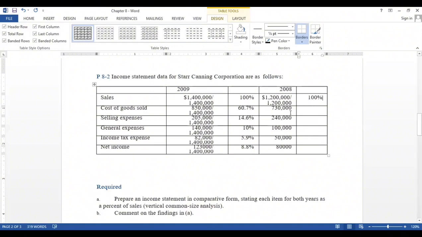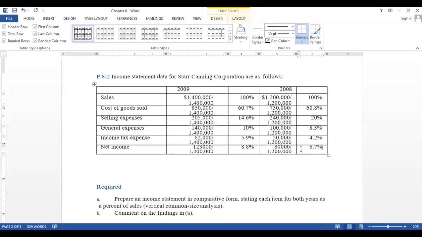Obviously it will be 100%, and then CGS divided by sales of 2008 gives 60.8%, and then selling expense 2,40,000 divided by sales of 2008, and we get 20%, and for general expense 1 lakh divided by net sales, it is 8.3%, and for the income tax 50,000 divided by 12 lakh, it is 4.2%, and at the end net income 80,000 divided by net sales, and we get 6.7%.